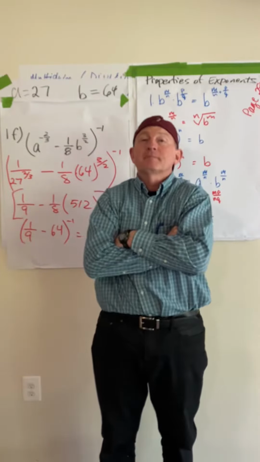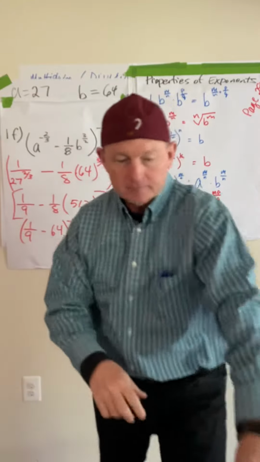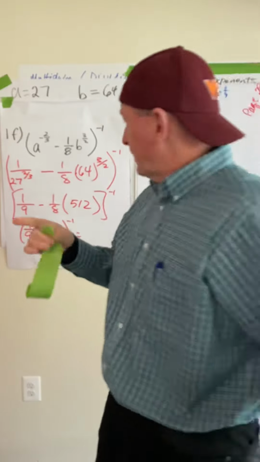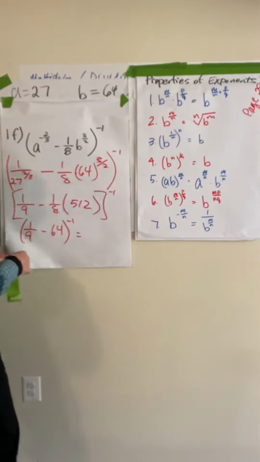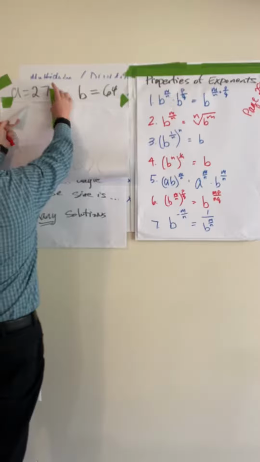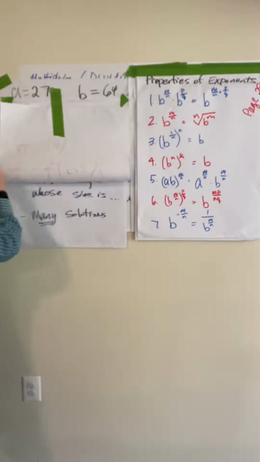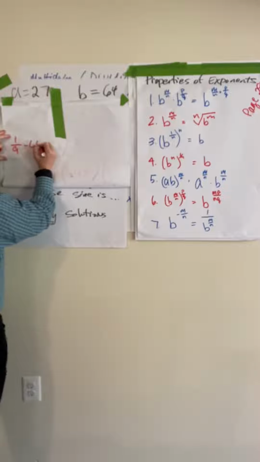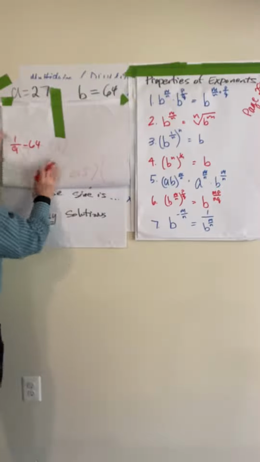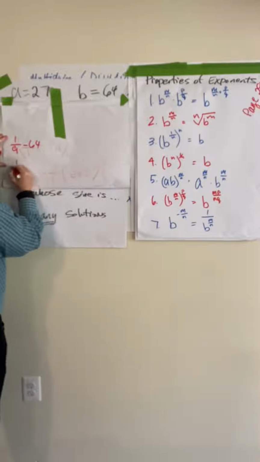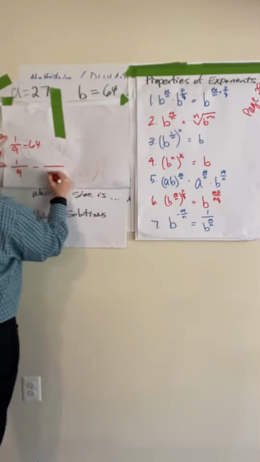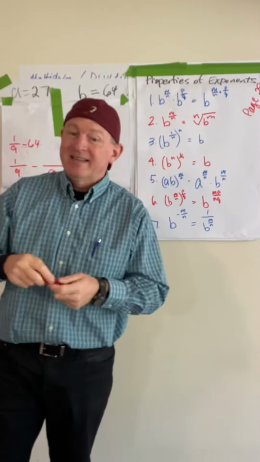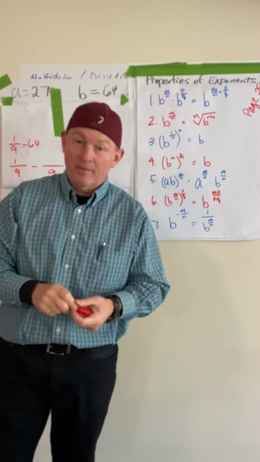All right. I need scratch paper. Luckily, I have a way to get scratch paper. Well, I'm trying to figure out 1/9 minus 64. Well, that should be equal to 1/9 minus some number of ninths. And to get that number of ninths, I got to do 9 times 64.